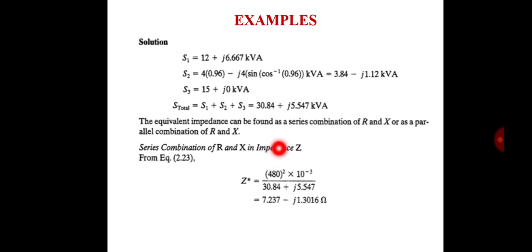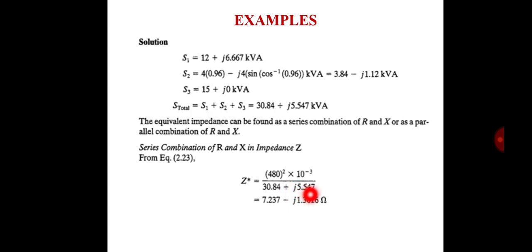The equivalent impedance can be found as a series combination or a parallel combination. First we find the series combination. Z is equal to V square by S, where V is 480, so 480 whole square into 10 raised to minus 3 over 30.84 plus j 5.547, which is the total S. So the equation becomes 7.237 minus j 1.3016 ohm.